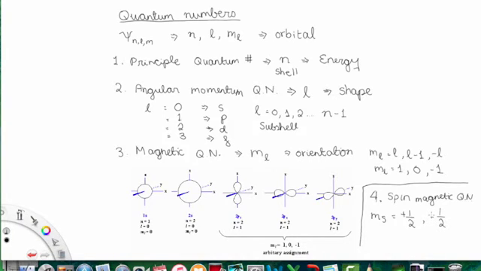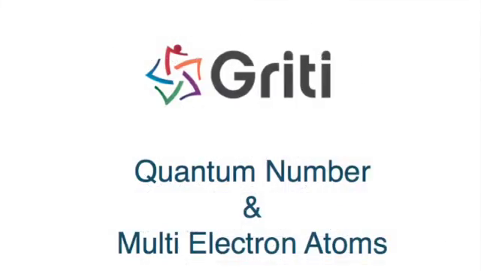And this completely specifies in what orbital an electron is and its spin state. And so an electron can be up or down. So using these quantum numbers, n, l, ml, and ms, we can basically specify any one electron atom.